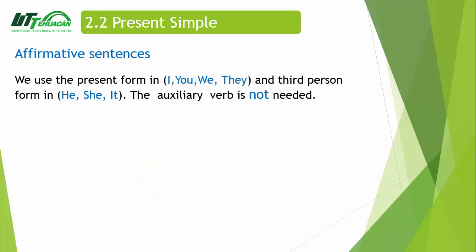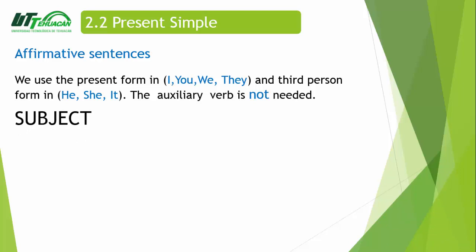For affirmative sentences, we use the present form in I, you, we, and they, and the third person form in he, she, it. The auxiliary verb is not needed.